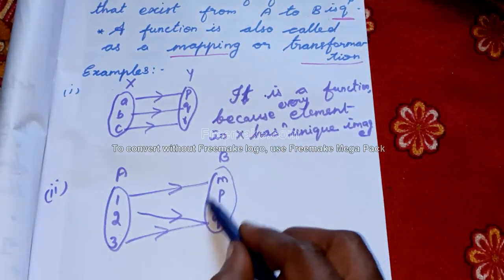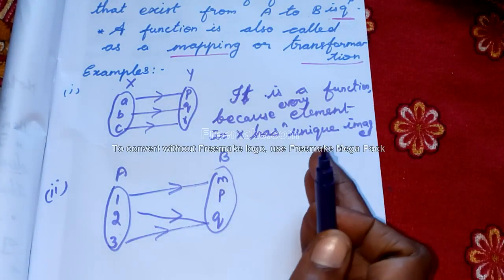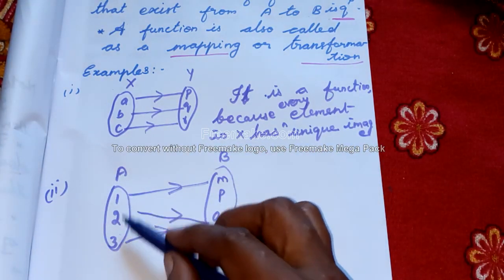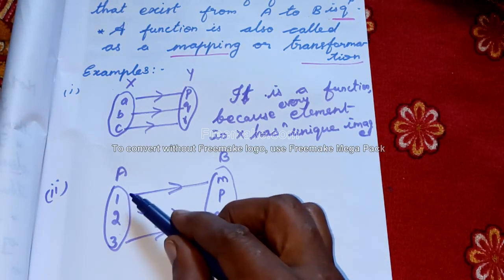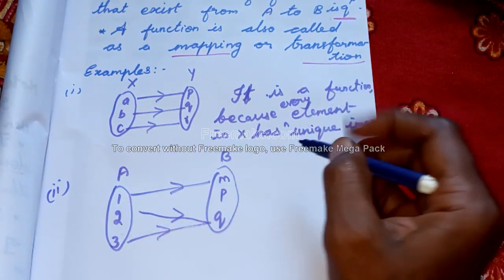Every element in A has a unique image. So it is a function. Why?